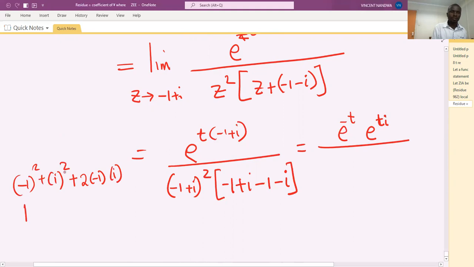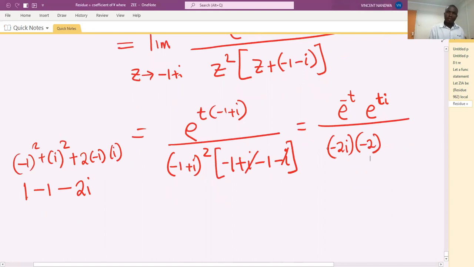So this is 1, this minus 1 minus 2i. So this is just minus 2i times this one, we have i and i cancels, so this will be minus 2. So minus minus is plus.